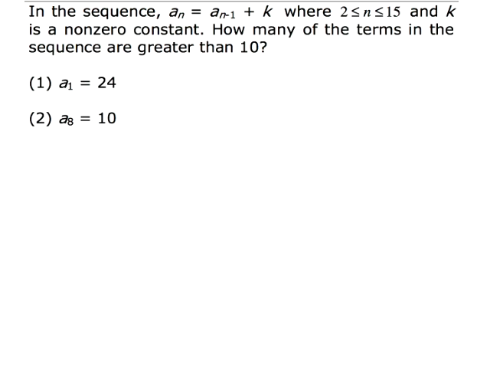Do you guys know? A sub, like what is the first A sub and what is the last A sub? See, so some people are going to think it's 2 and 15.